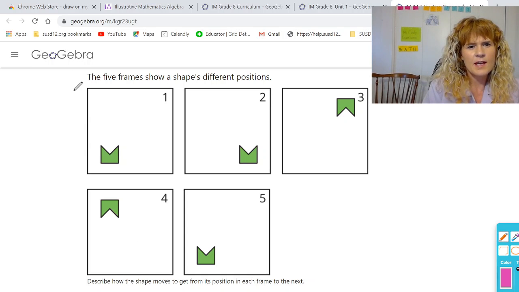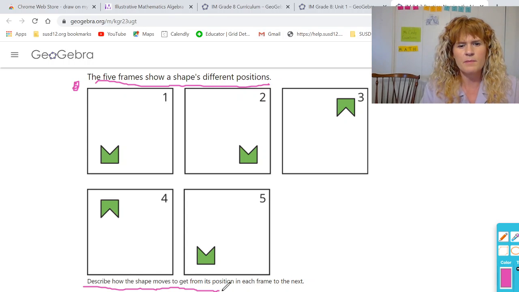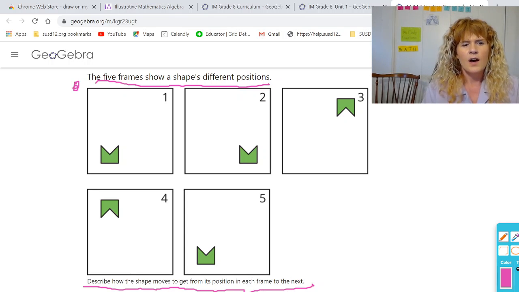The directions say, the 5 frames show a shape's different positions. Describe how the shape moves to get from its position in each frame to the next. Okay, so from 1 to 2, it looks like the shape is just sliding to the right.